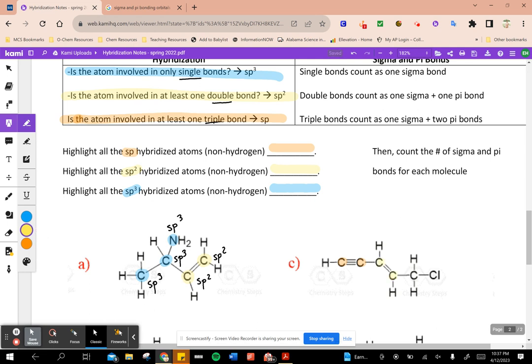So they're going to be sp2 hybridized. And then our final 2 atoms, the carbon and the chlorine, are also sp3 because they're only involved in single bonds. So you can quickly determine hybridization just by looking at the bonding in which that atom participates.